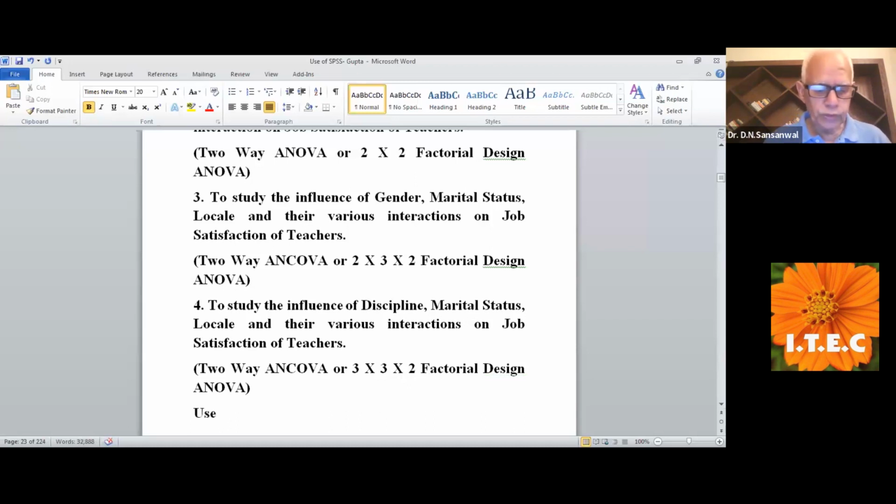So use effect word in case of experimental study.